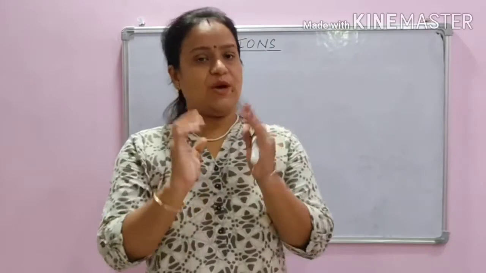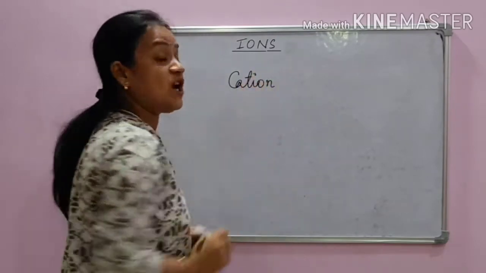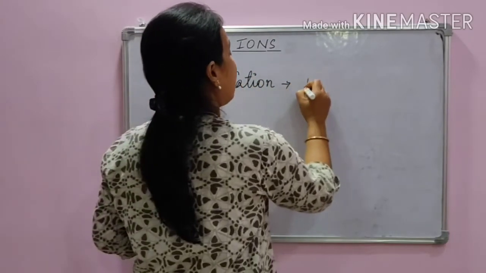I would like to add one more thing here which you need to remember, because you will need this when you write the chemical formula. Remember, all the cations, that means all the positively charged ions, are metals.